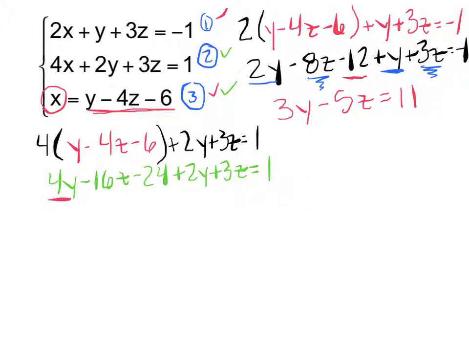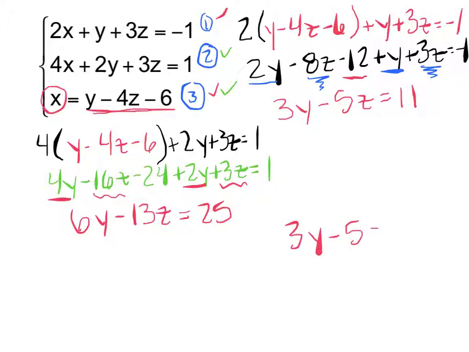So I'm going to combine my y's, I'm going to combine my z's, and then I'm going to move that negative 24. I'm going to add 24 to both sides. That way I end up with 6y minus 13z equals 25.